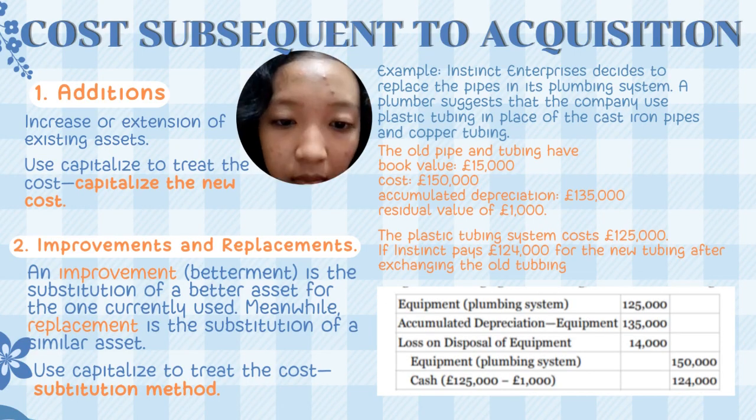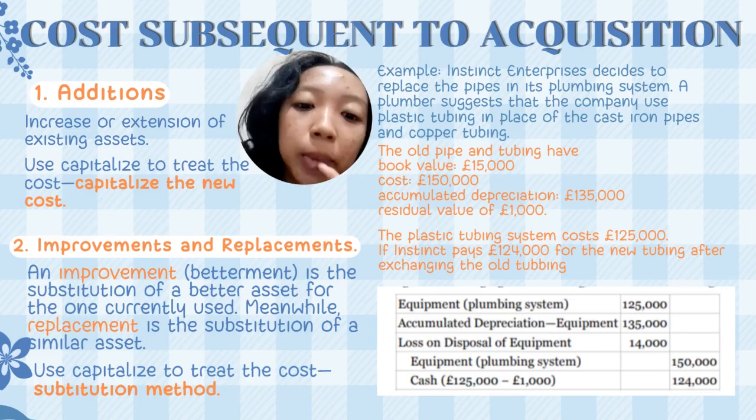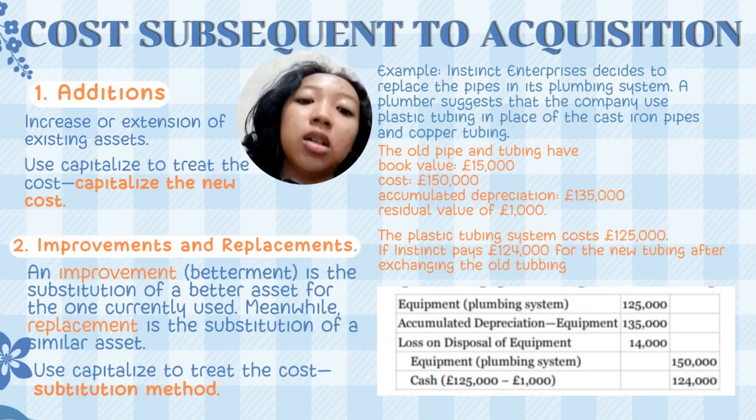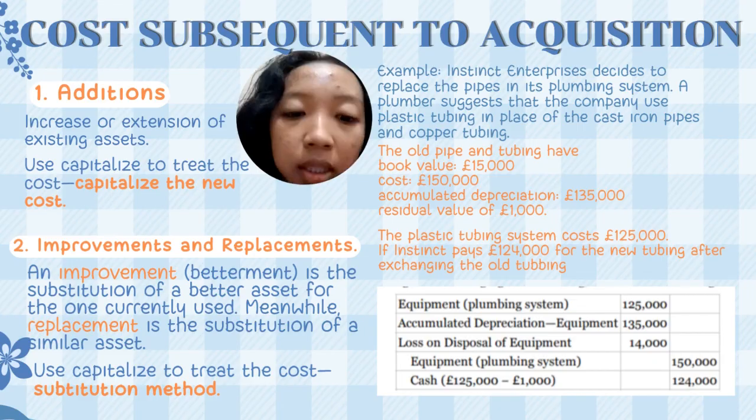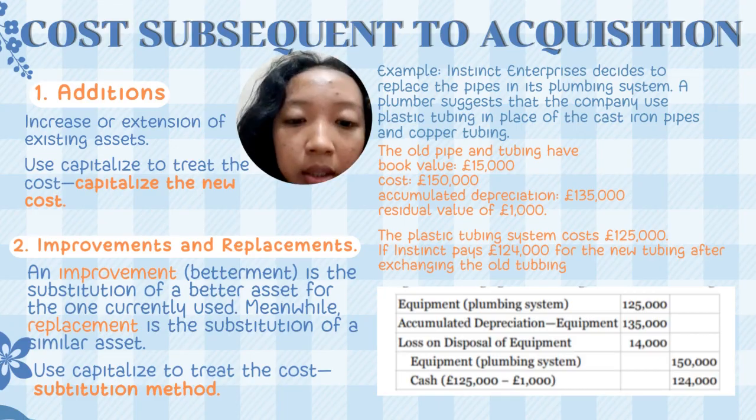So the first thing in here is we debit the new asset, which costs 125,000, and then we debit, or we erase, the accumulated depreciation of the old asset, which is 135,000.